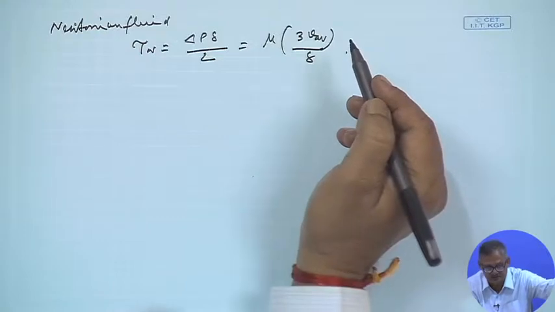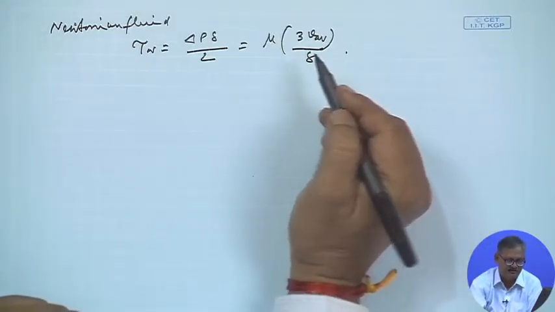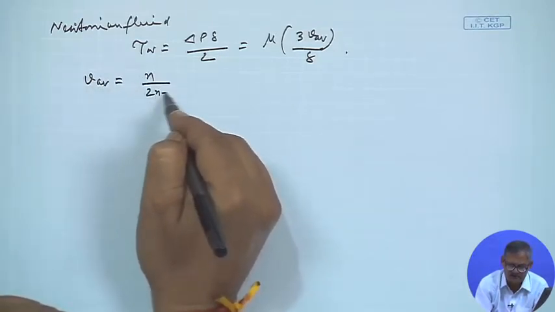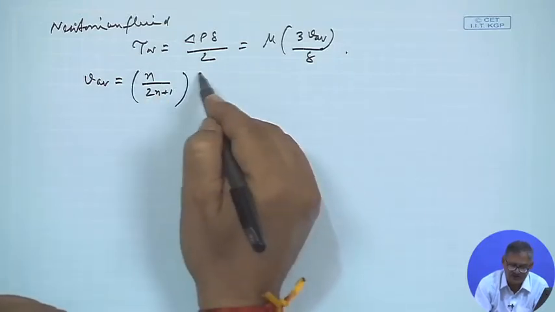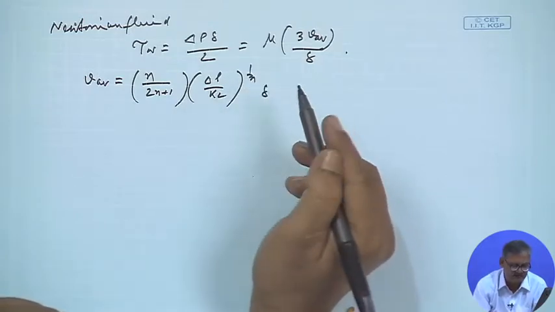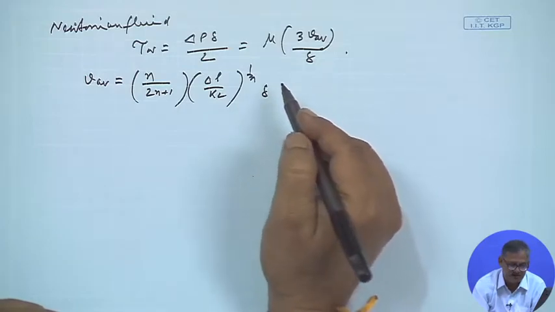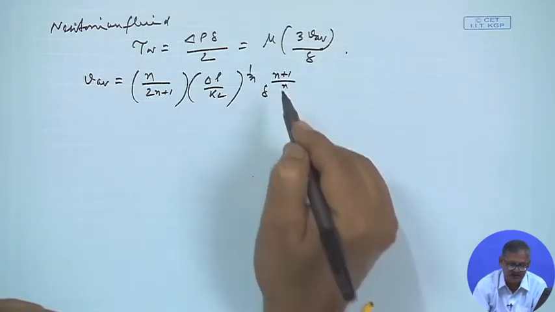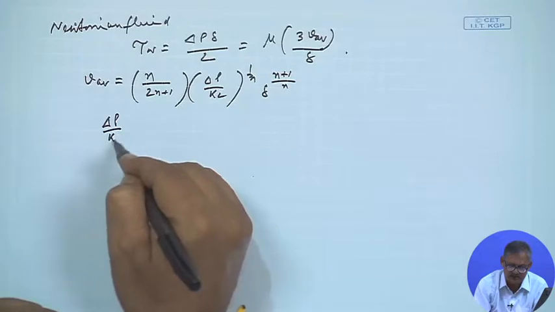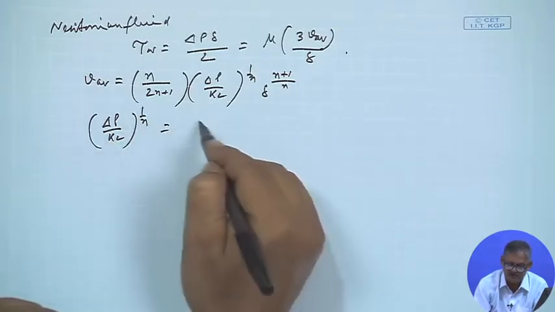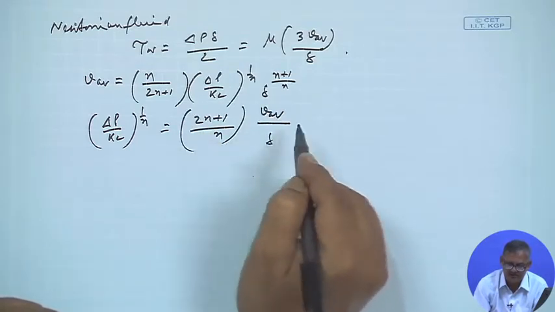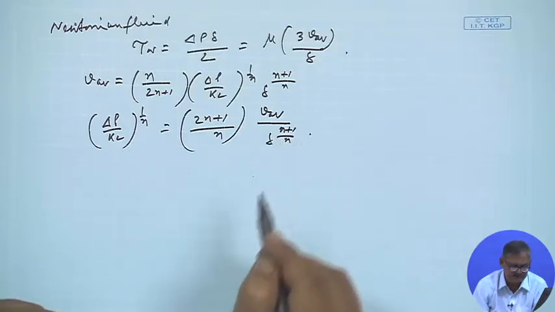Now, rewriting this equation, if V average is equal to n by (2n plus 1) into (delta P by KL) to the power 1 by n, del to the power (n plus 1) by n, right, then we can write that (delta P by KL) to the power 1 by n is equal to (2n plus 1) by n into (V average by del) to the power (n plus 1) by n, right.